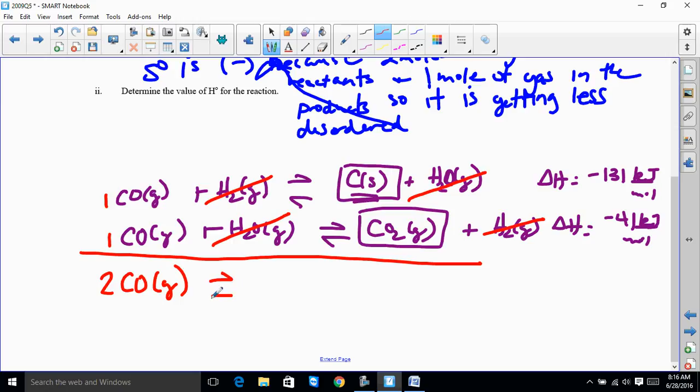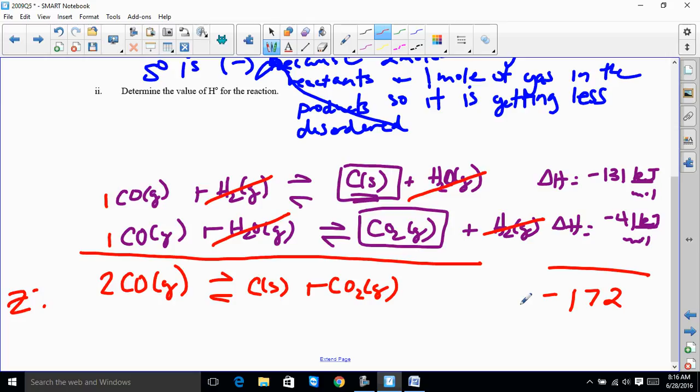Everything else cancels. And then we have Cs and CO2, and that is what reaction Z looks like. And so we have to add these together. 1 and 1 is 2. 3 and 4 is 7. So delta H ends up being negative 172 kilojoules per mole. And that is the answer to the problem.